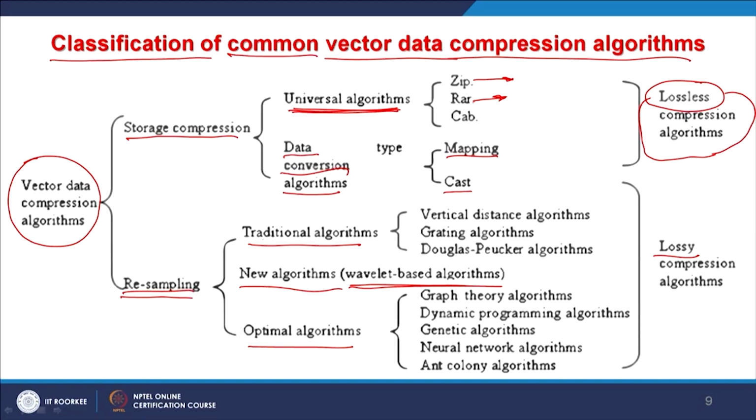Among the traditional algorithms are the vertical distance algorithm and the Douglas algorithm. In our discussion on GIS, we do not want to go into much more detail about these algorithms, but the tools and techniques which are available are being implemented, for example wavelet based, neural network based, and ant colony.